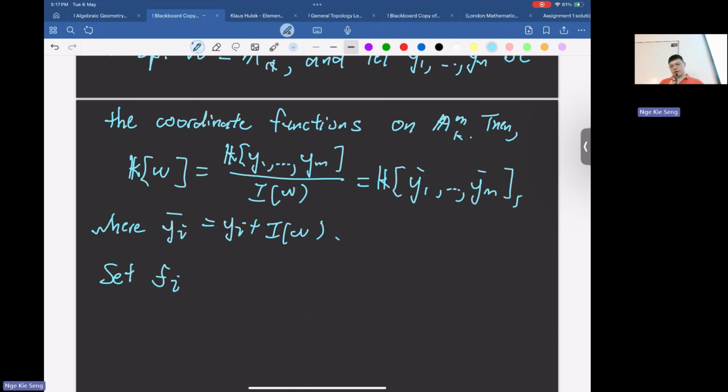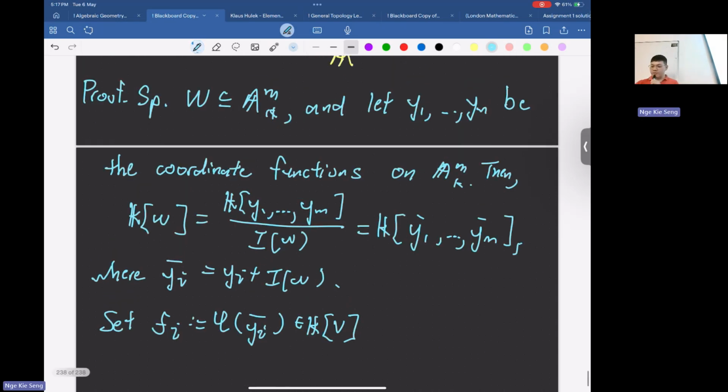One obvious thing you can try is, how about we let our little phi act on these cosets. Then obviously this is a map living in K[V]. Correct or not? Because the image of phi lives in K[V]; phi is a map from K[W] to K[V].